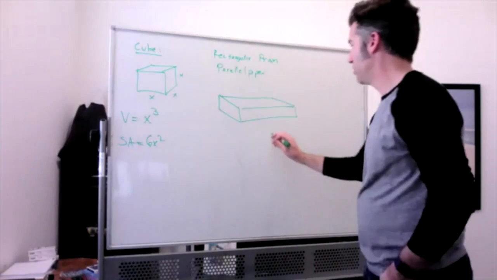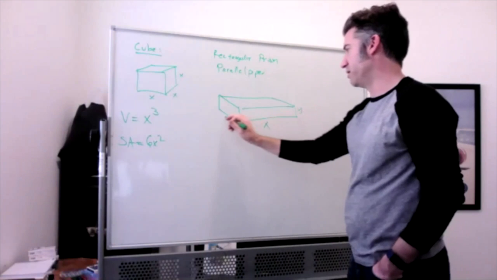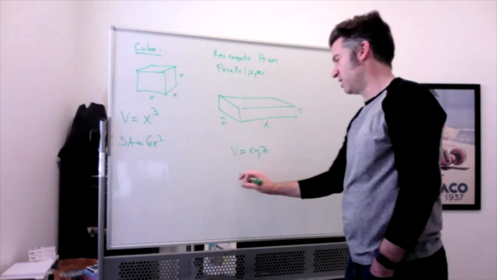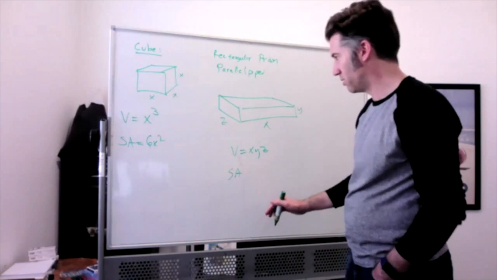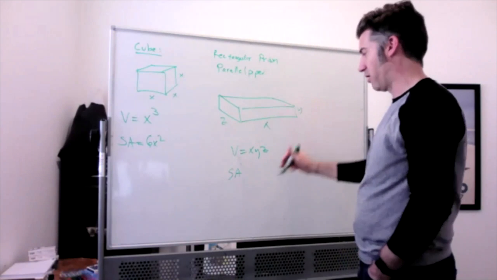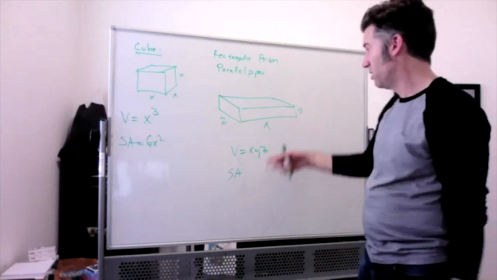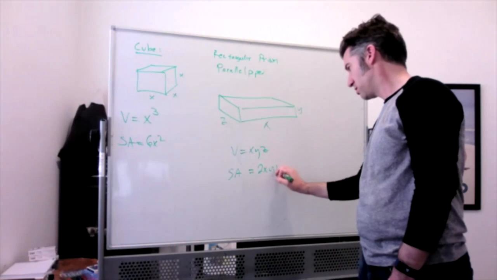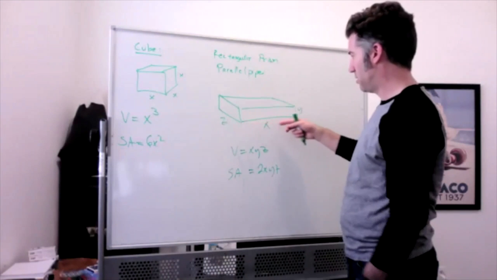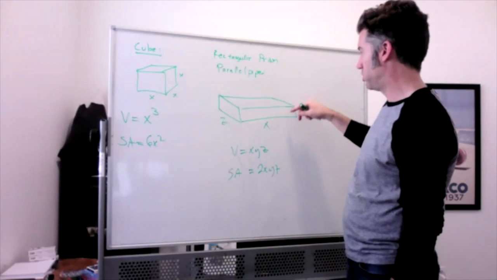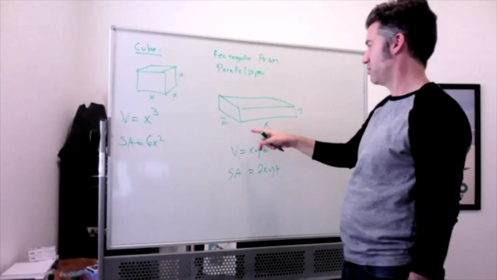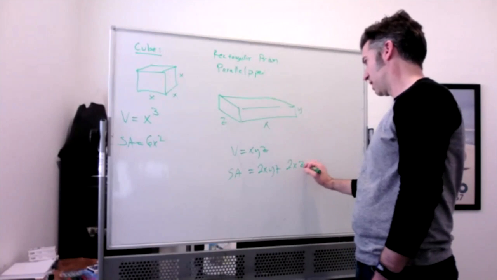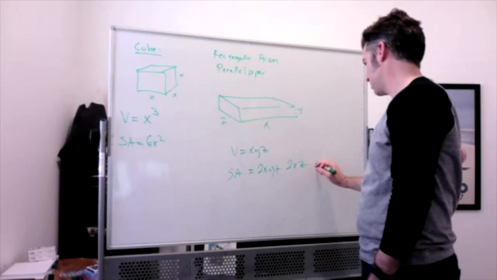If we call this x, this y, and this z, the volume is xyz. And the surface area is kind of annoying. It's all the rectangular areas added together. So it's xy twice, xz twice, and zy twice.